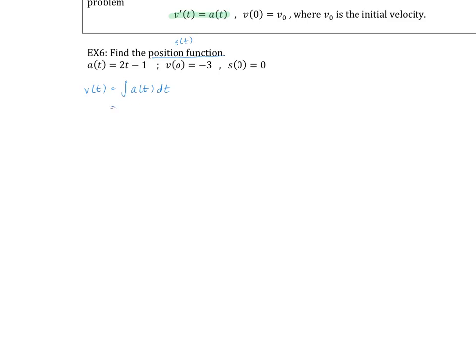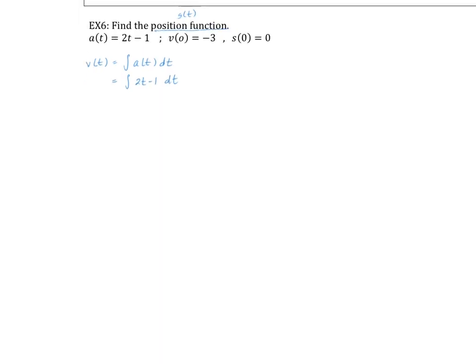So the velocity function is going to be the integral of 2t minus 1 dt. My velocity function is 2t squared over 2 minus t plus the constant c.